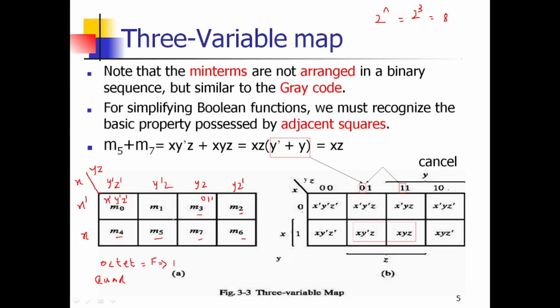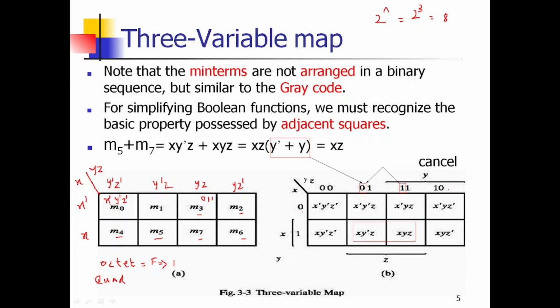In the same way for the second column and third column, x plus x dash becomes 1 and y dash plus y becomes 1. We get z as our product term.